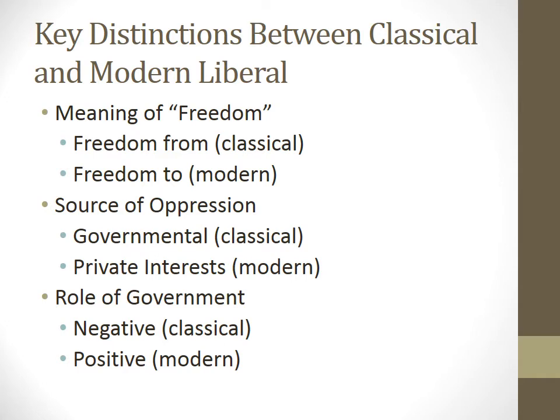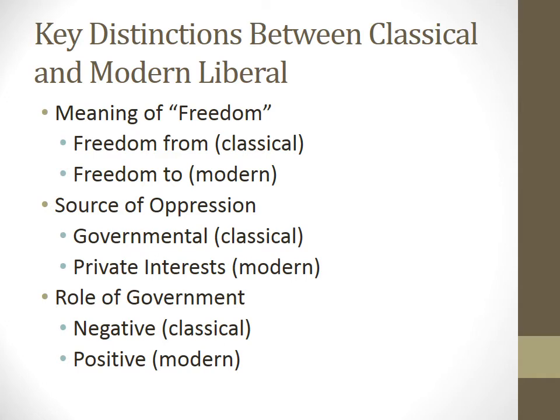The second distinction is the source of the problem in these views of liberalism. Traditionally, classical liberalism saw governmental power, the king and parliament, when we're talking about breaking away from Great Britain, but basically whoever had governmental power was the source of oppression.